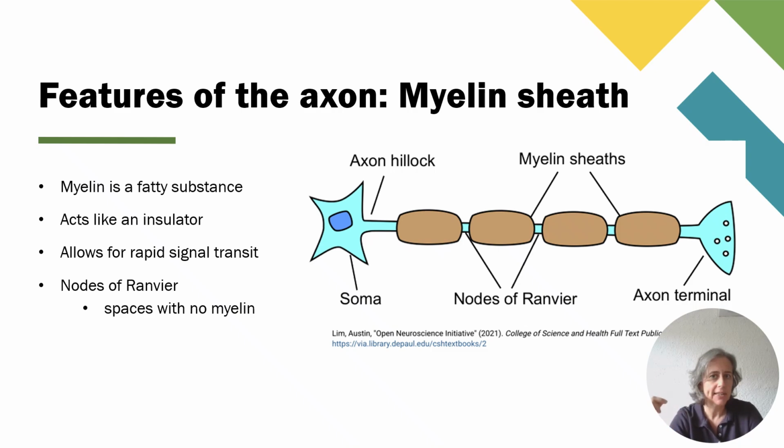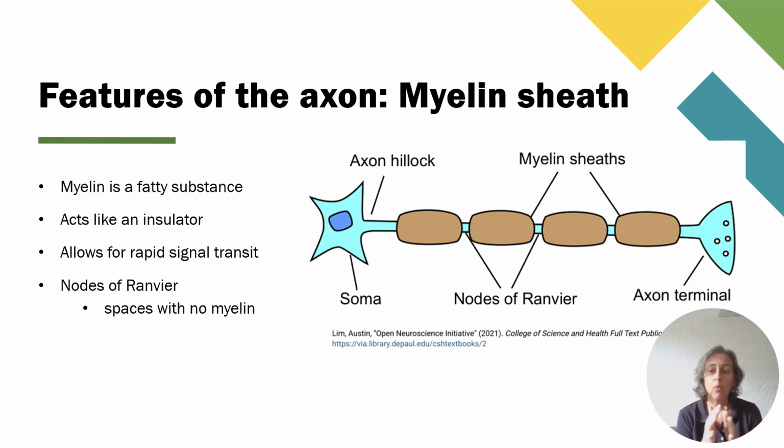And it acts like an insulator, is the easiest way to think about it, to allow for more rapid signaling down the axon. This is so important because without myelin, especially on those 3-foot long ones, it would take years for a signal to travel down the axon, which is like, that didn't help, right? So myelin is a necessary component in order to be able to send signals down an axon for the vast majority of our axons. There are some exceptions, but for most of them.